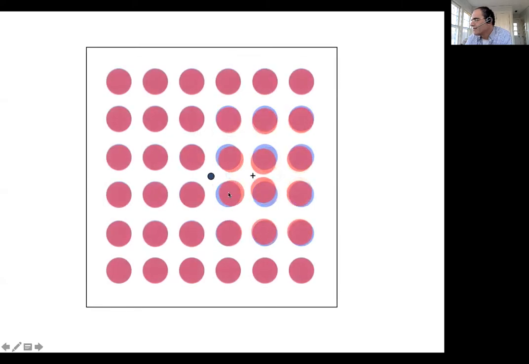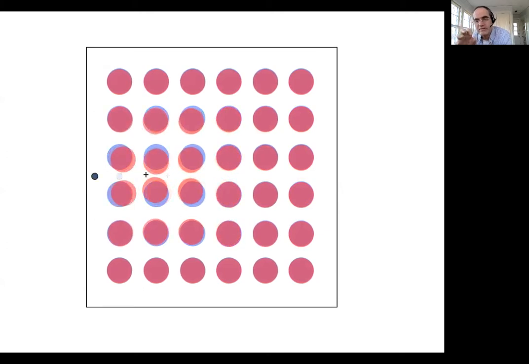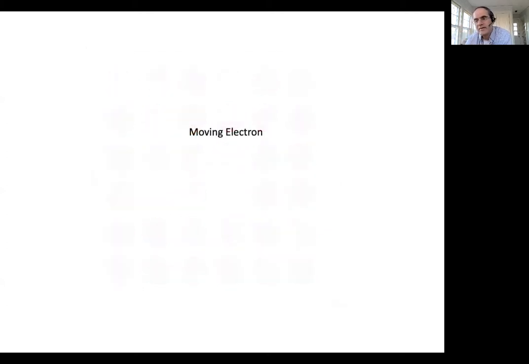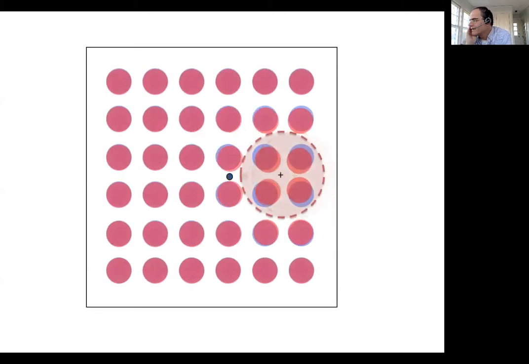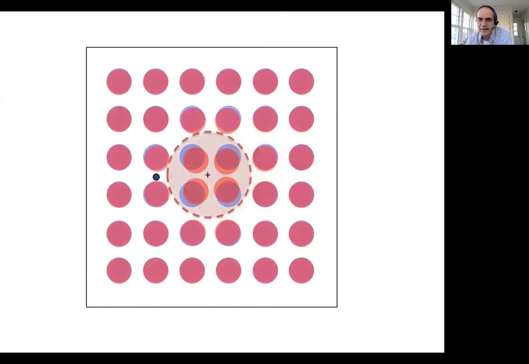So here's my electron moving through the material, and here's the lattice distortion, which is lagging behind because the ions are heavy. They have a lot of inertia, and they can't quite follow the electron perfectly. Of course, what this means is that there's a cloud of positive charge that's trailing behind the electron in this picture. Okay?